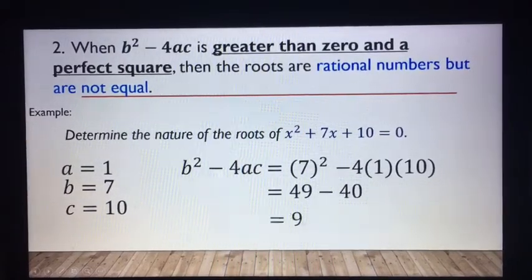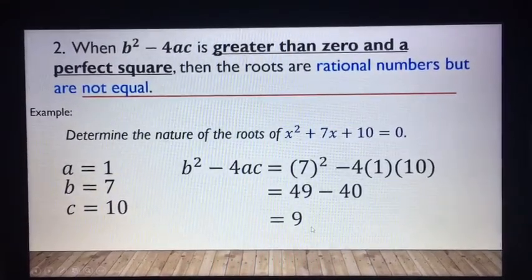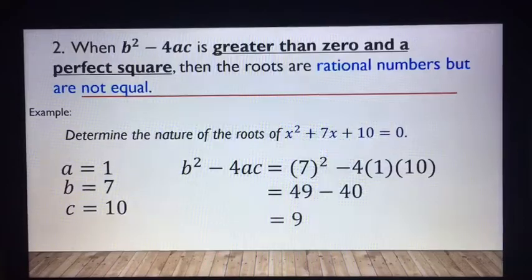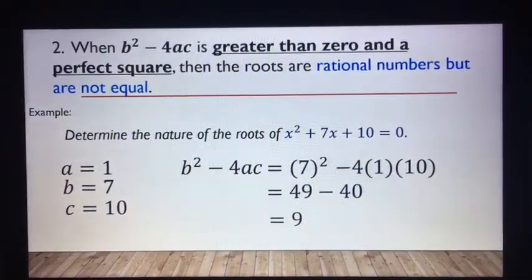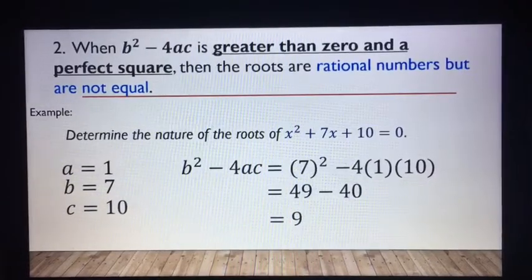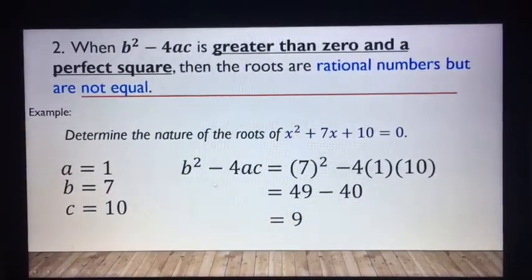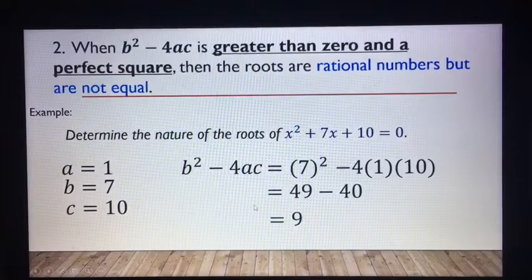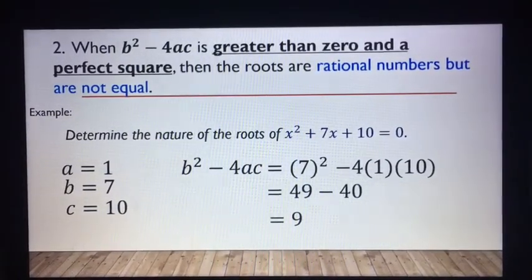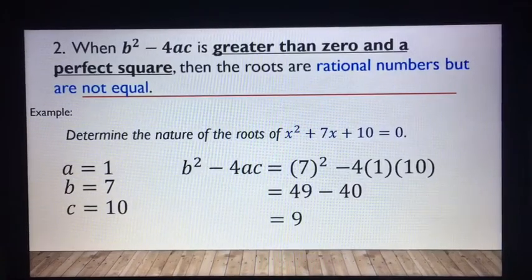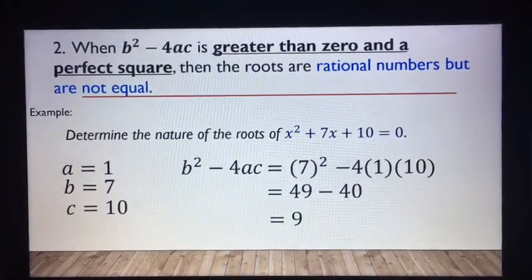Bakit natin masasabi na perfect square? Kasi meron po siyang 2 equal factors. Ano ang 2 equal factors niya? 3 times 3. Tama? Pag sinabi nating perfect square, it has 2 equal factors. Another example of perfect square is 4 dahil meron siyang factors na 2 times 2.